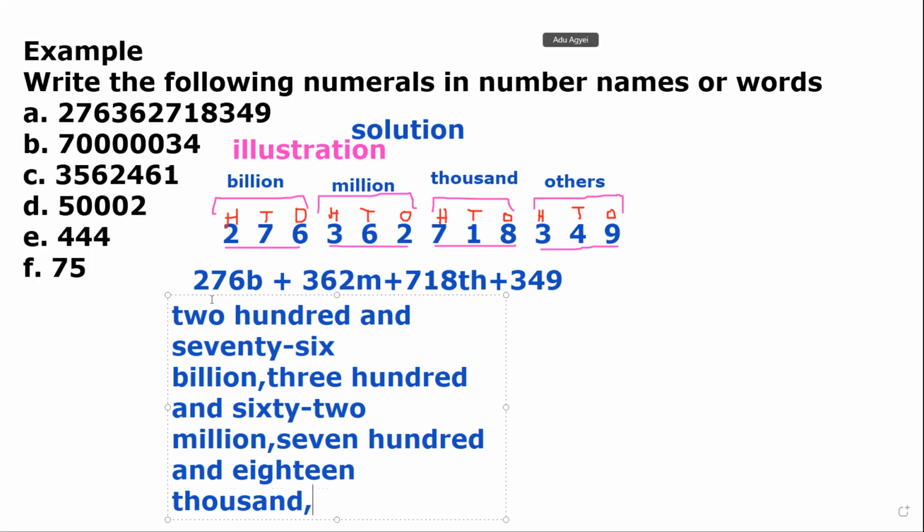The others, they don't have any common name, so you write 349.